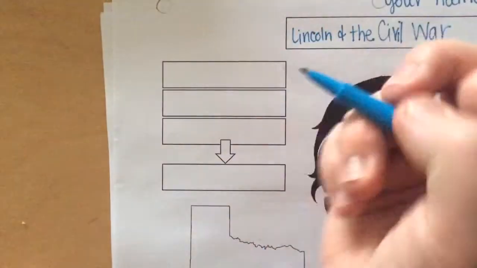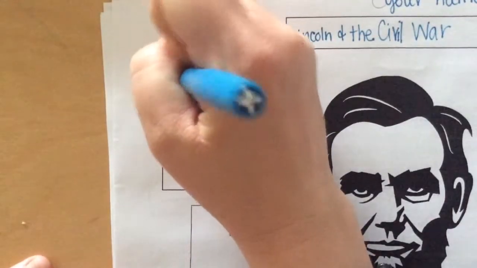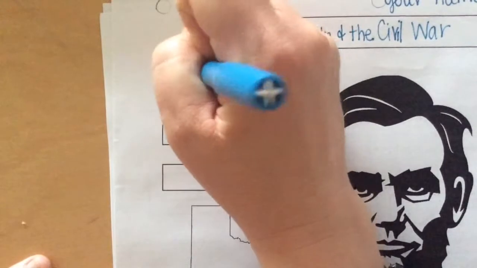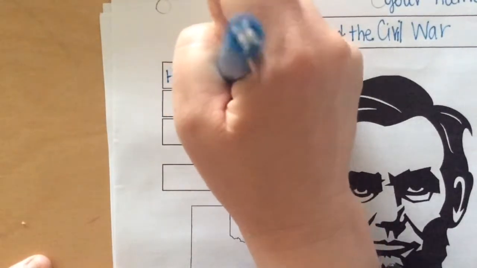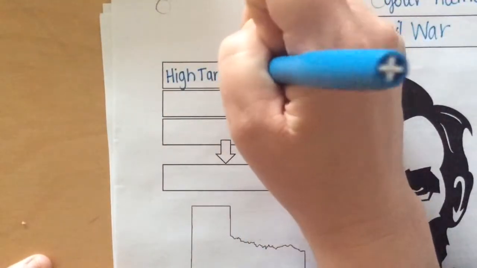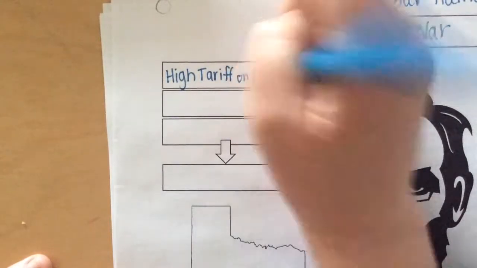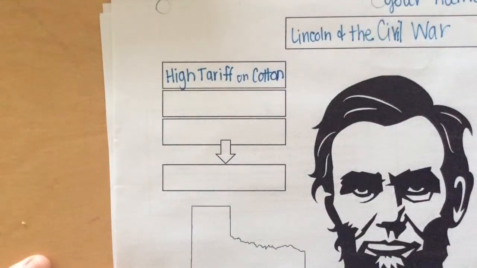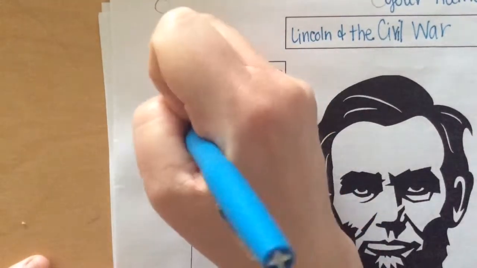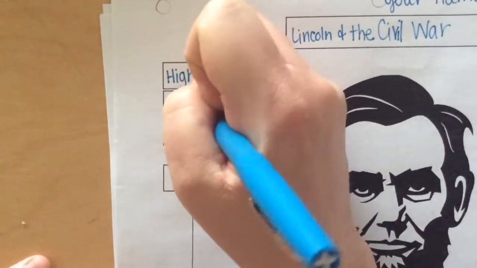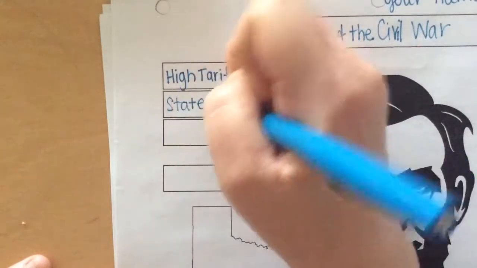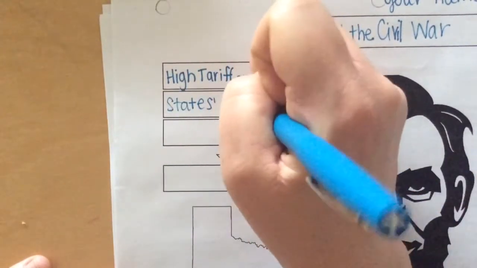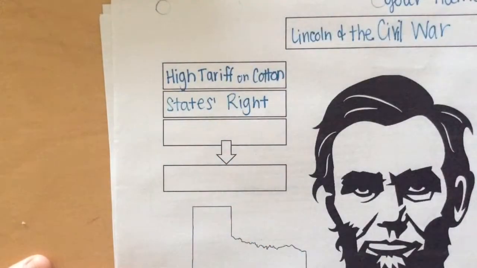Okay, and then we're going to go up here to this left corner of your paper. We have some causes for the Civil War. First, there's a high tariff on cotton. Cotton is only grown in the South, so it's only affecting the southern states, and they feel like that's unfair. There's also an issue of states' rights here. Can states withdraw from the Union because they don't like what's going on in the government?